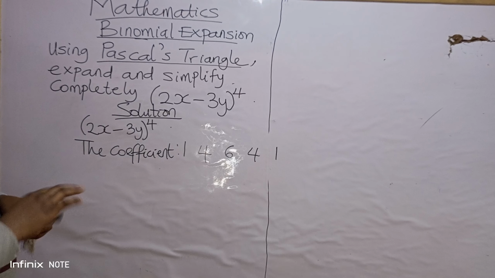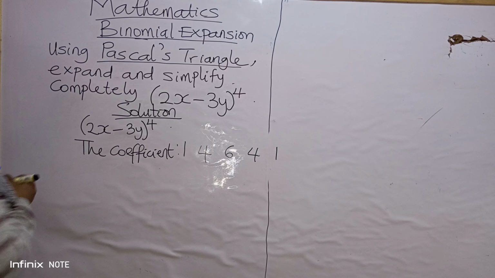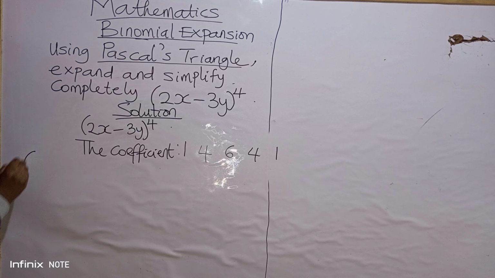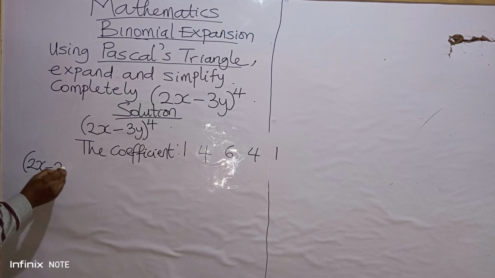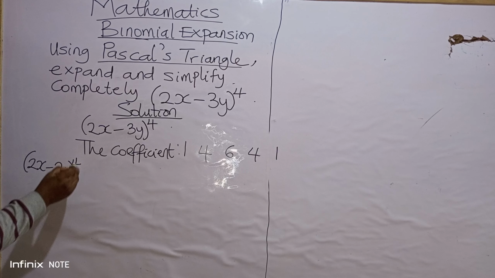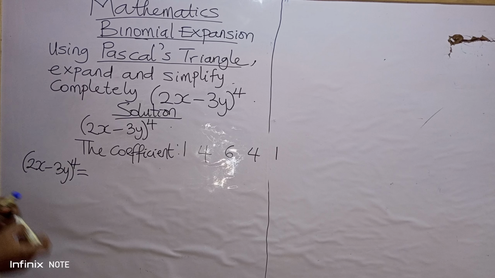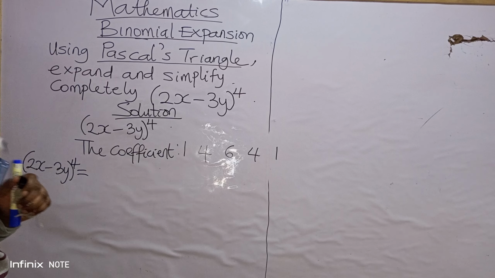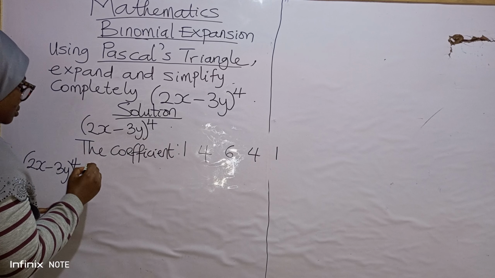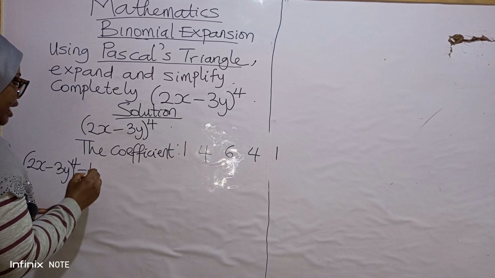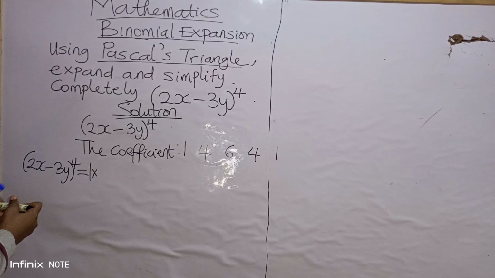So the next thing is that you write the binomial (2x - 3y)^4 will now be equal to. So let's write the first coefficient, which is 1, then multiplied by the first term.